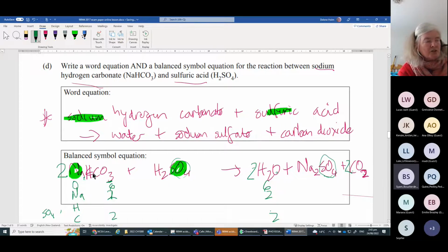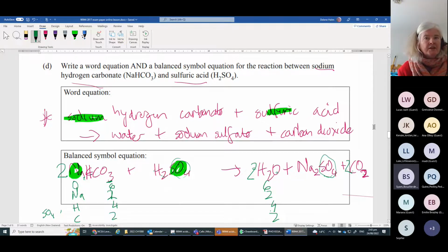So 2 hydrogens here plus 2 hydrogens there is 4, and 2 times 2 is 4. If anybody is not sure what I've done there, then organize an online lesson with your teacher so that that can be sorted, because balancing is required for excellence.